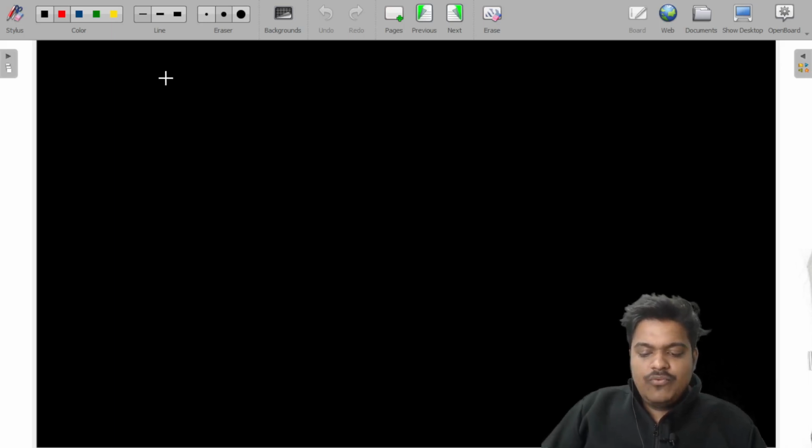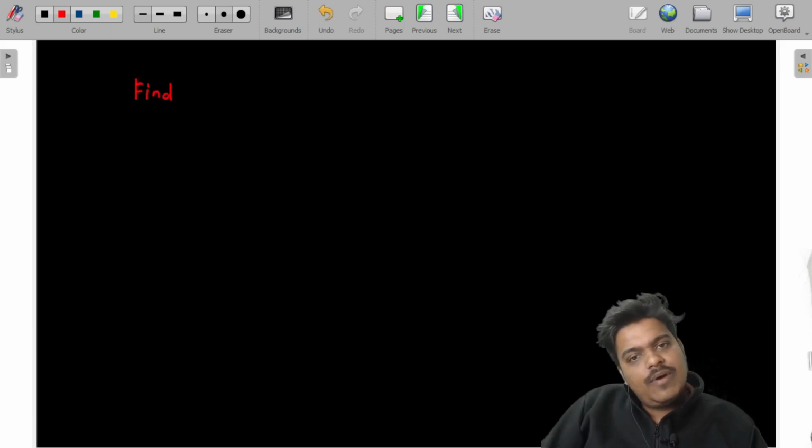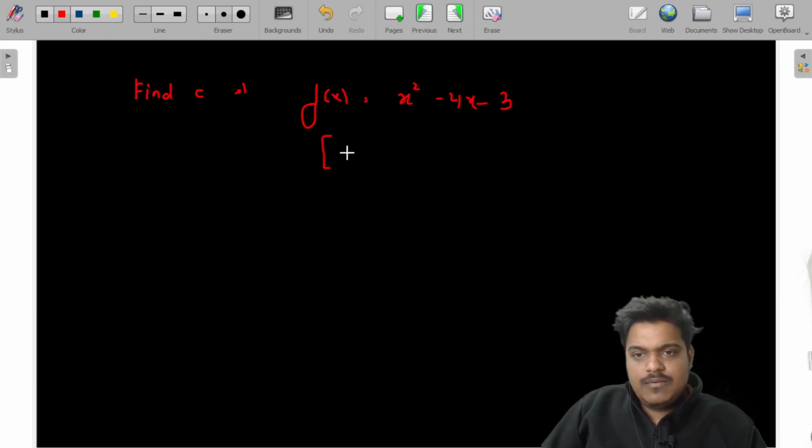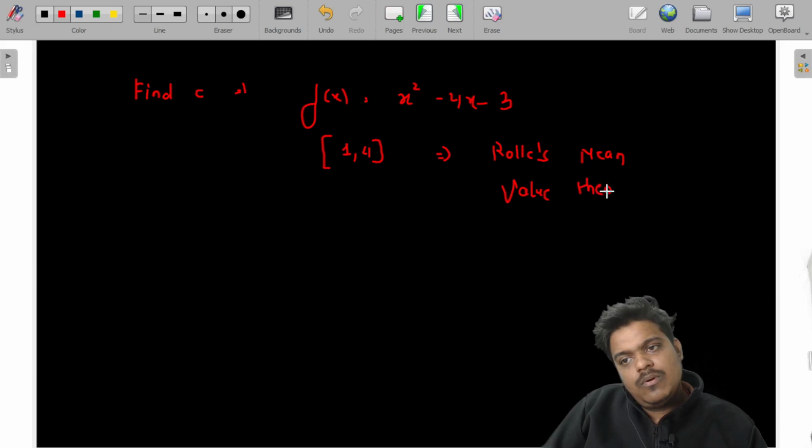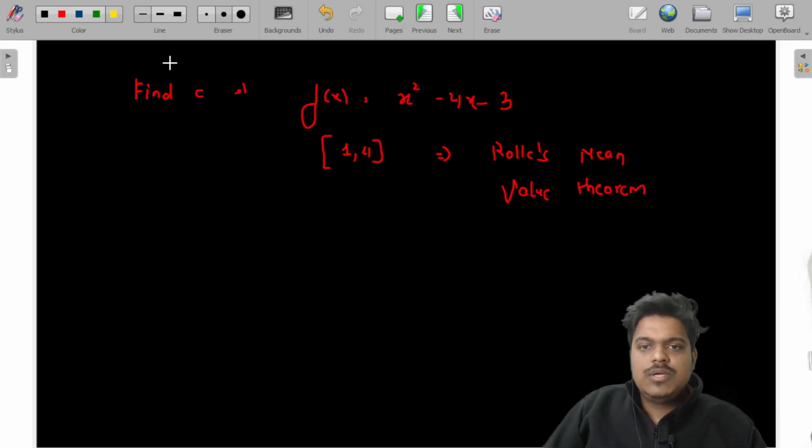Now you need to find the value of c such that the function f of x equals x square minus 4x minus 3 between the values 1 and 4 follows Rolle's mean value theorem.